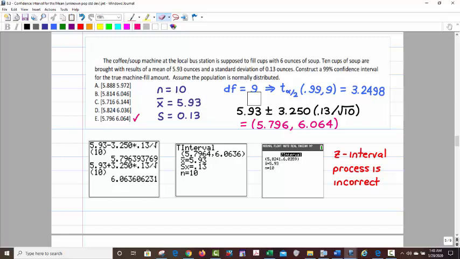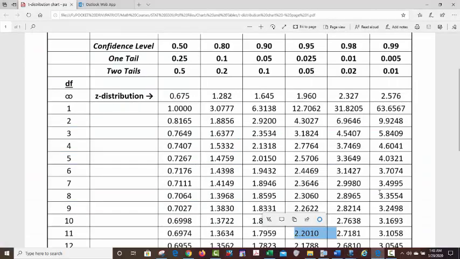If N is 10, degrees of freedom would be 10 minus 1, which is 9. 99% and 9 would be right here: 3.2498.